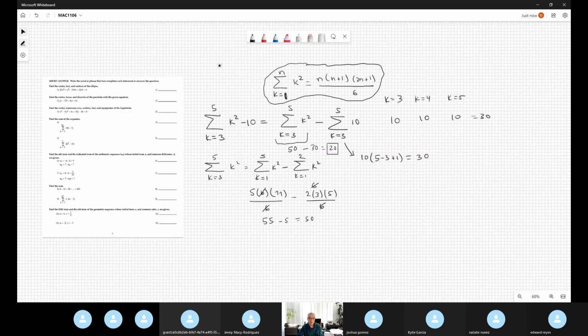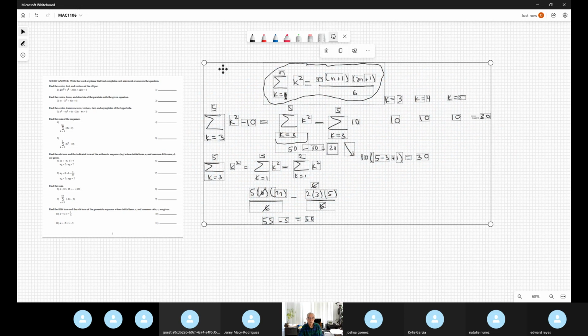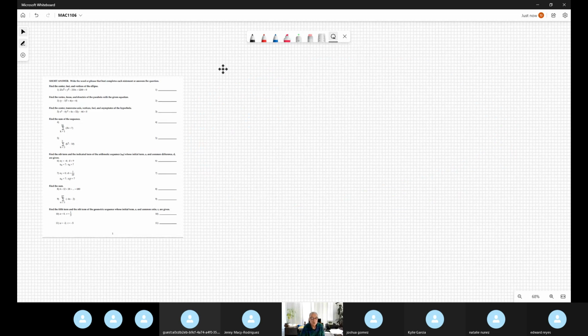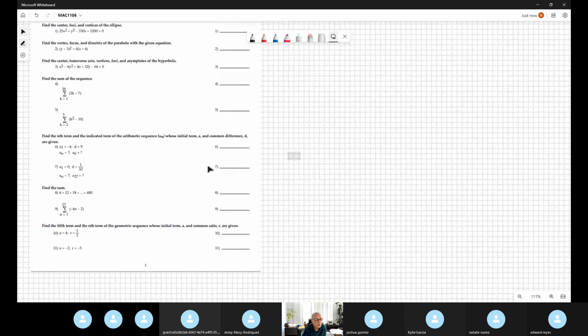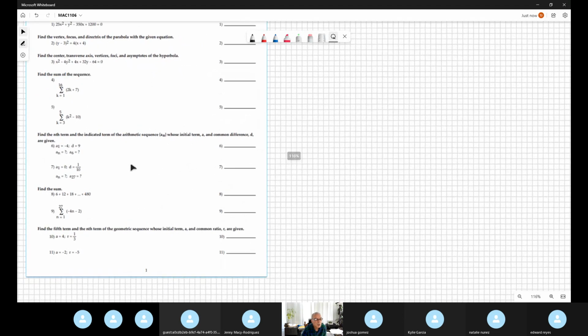Yes. Okay. Let's compute now sequences. For example, it's given, and we are doing number 6.